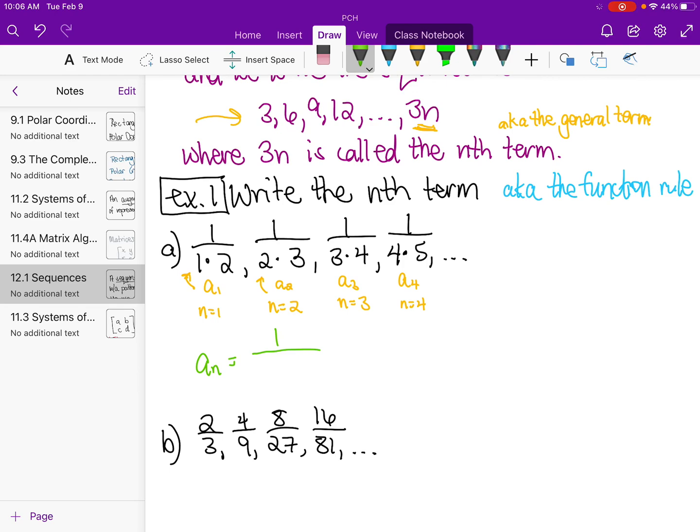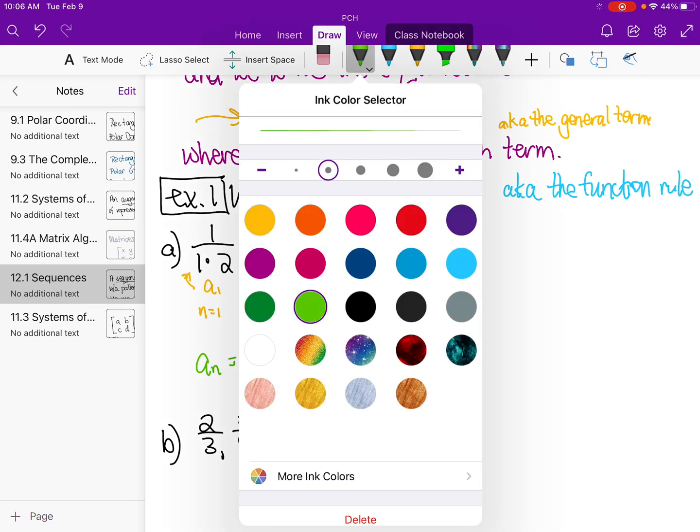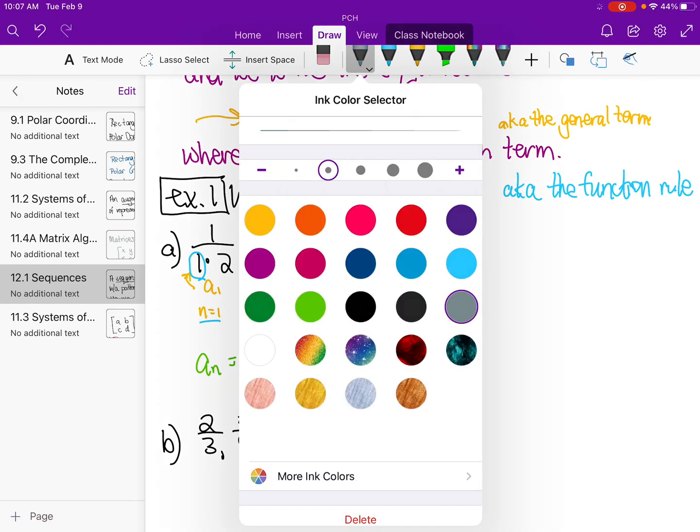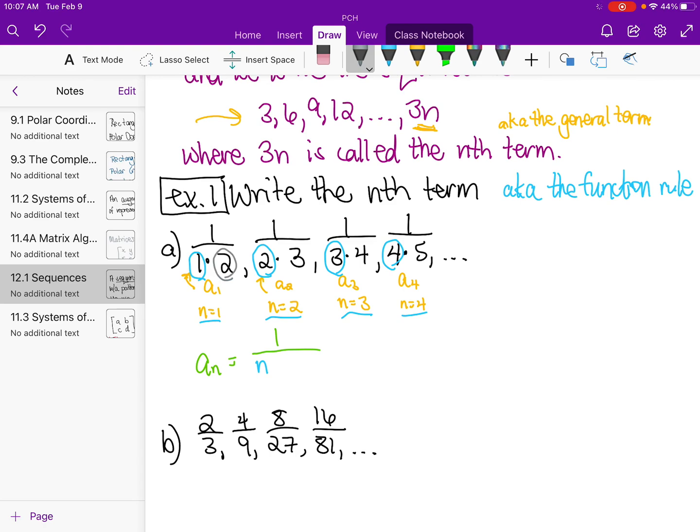I'm going to color code this. How does that first factor connect to the n value? Well, it's n itself. n equals 1, n equals 2, n equals 3, and so on. Then we look at the second factor and ask, how does that connect to n? Well, each of those is 1 more than n.